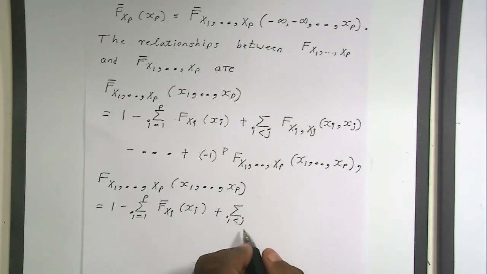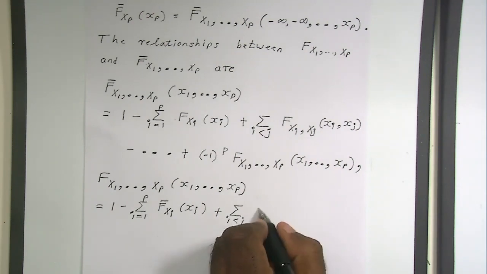When I say i less than j, it means you are summing over i and j, but i must be less than j. So i goes from 1 to p, j goes from 1 to p, but i must be less than j.